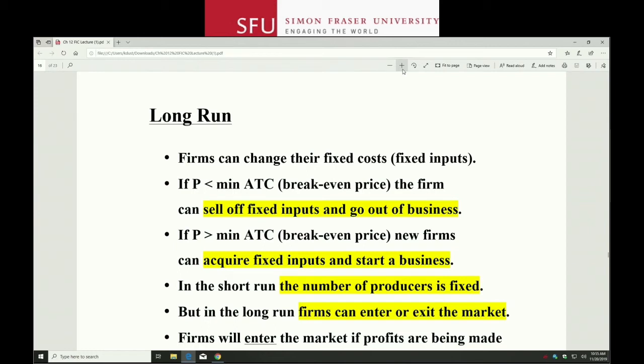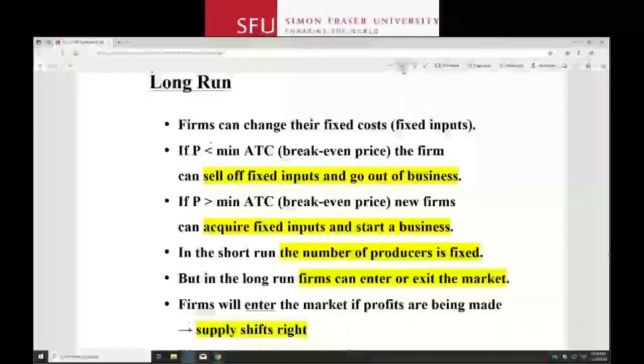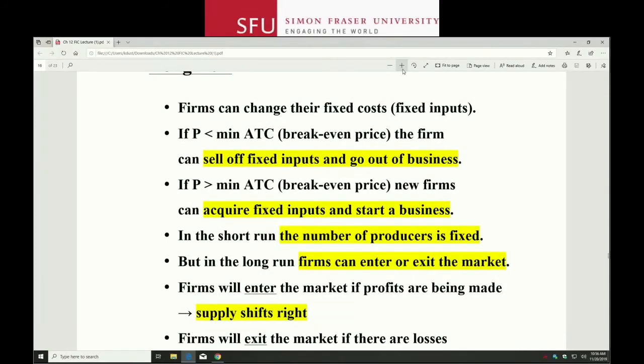Good. Okay. So they will enter the market, obviously, if it's profitable. And so then if other firms are entering a profitable market, it will increase the market supply. So the supply will shift right. And then the opposite, if the price is low and firms are losing money, some of them will exit the market.